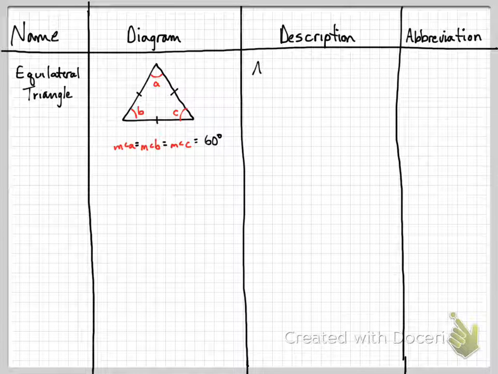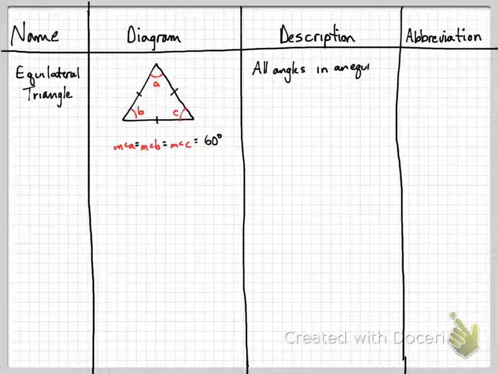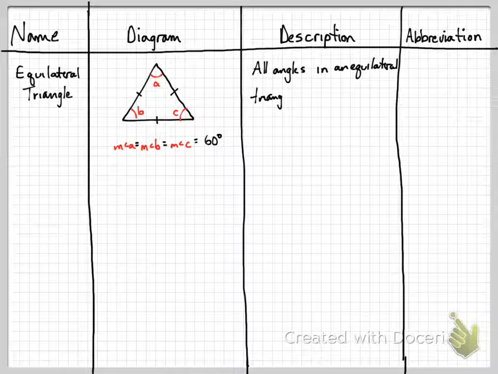So our description here is that all angles in an equilateral triangle are equal in measure.